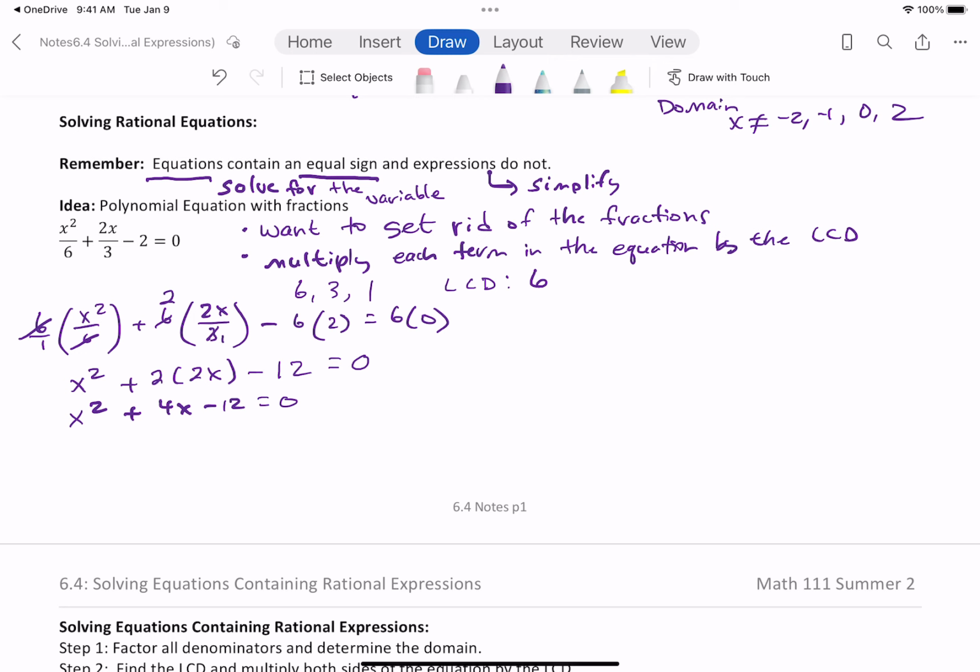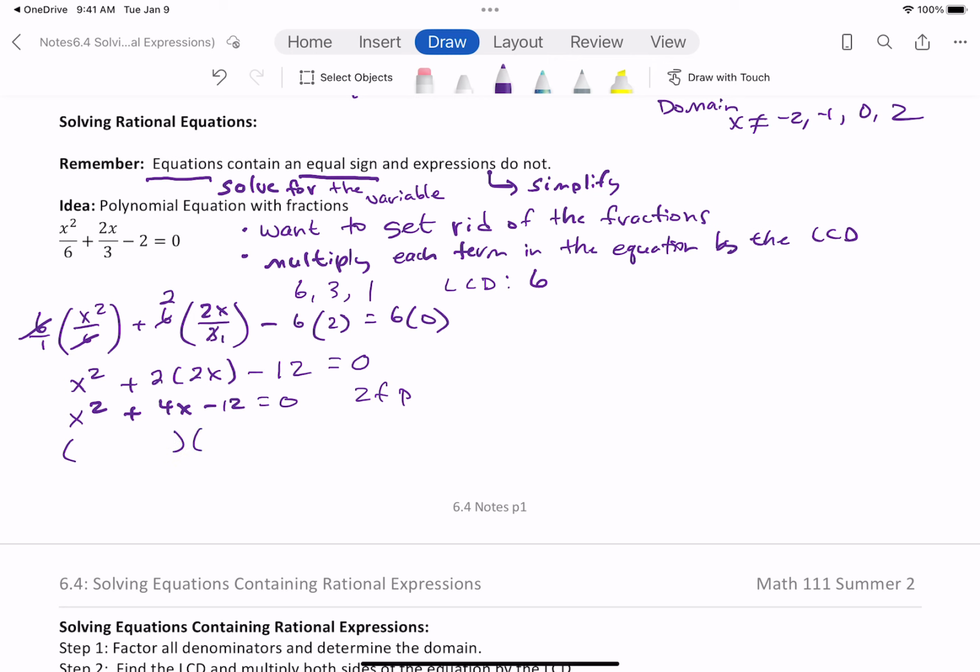And you see that I'm left with a quadratic equation. The only way that we've learned to solve that so far is to use the zero factor property. We are equal to 0, so that means I can go ahead and factor the left-hand side.